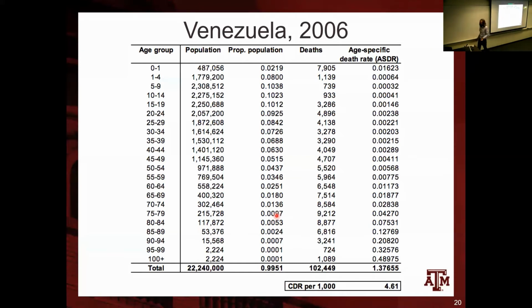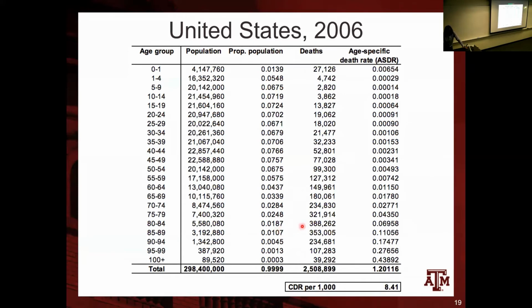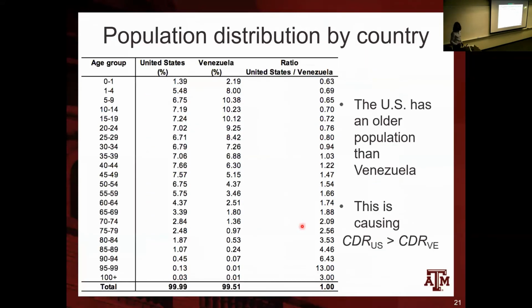And in younger ages, the chances of dying, we see here, these numbers are lower than these numbers. Chances of dying at the older ages, see how much bigger they are. See, it's 0.00064 here, and here it's 0.48. But they have not so many people here compared to the US. So the standardization process is going to take that difference into account.